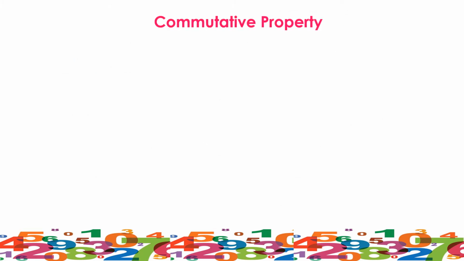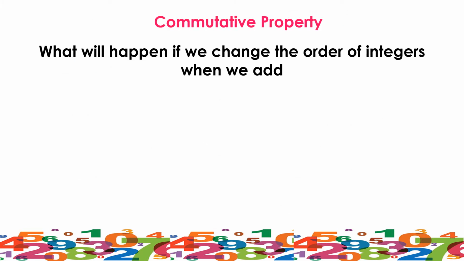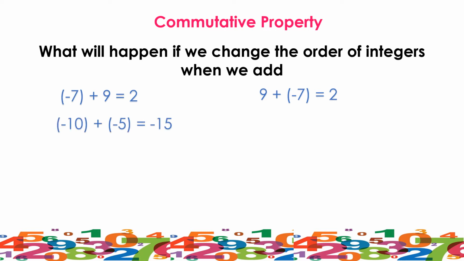Commutative property. What will happen if we change the order of integers when we add? Example, negative 7 plus 9 equals 2, which is the same as 9 plus negative 7 equals 2. Next, negative 10 plus negative 5 equals negative 15, which is the same as negative 5 plus negative 10 equals negative 15.